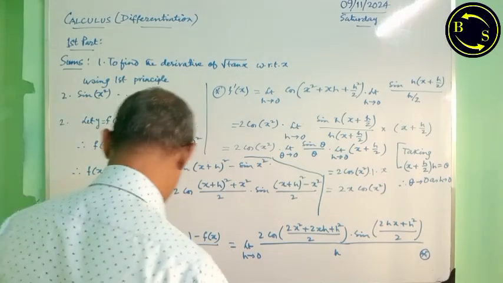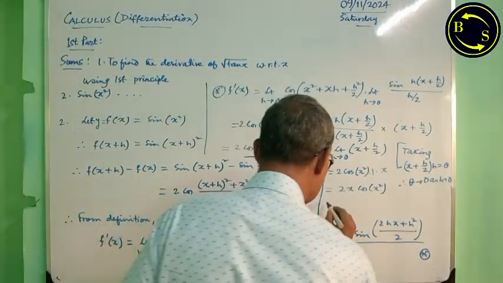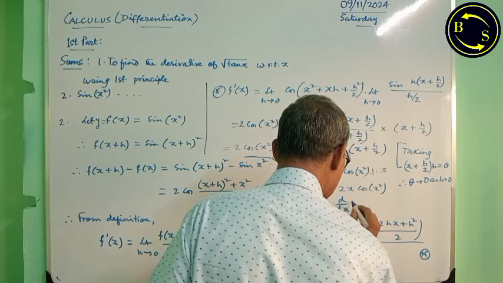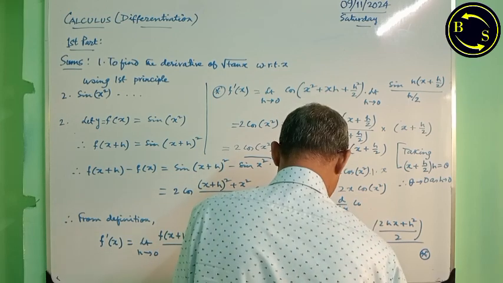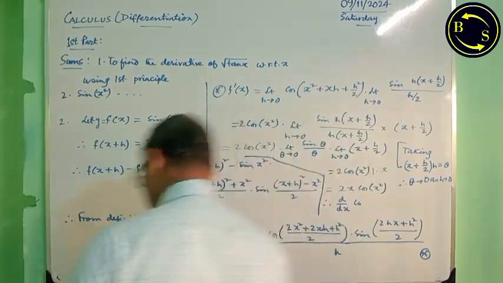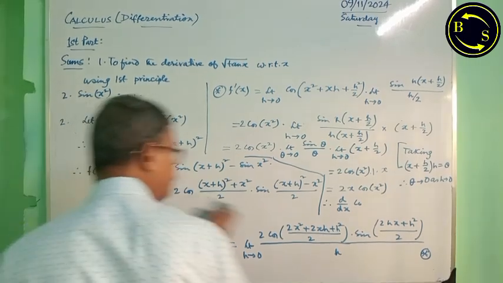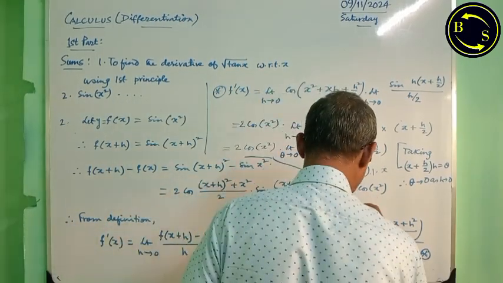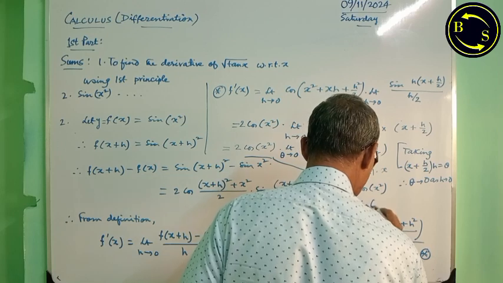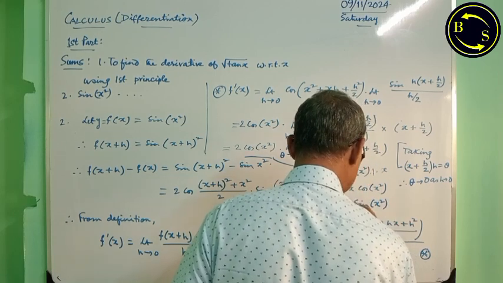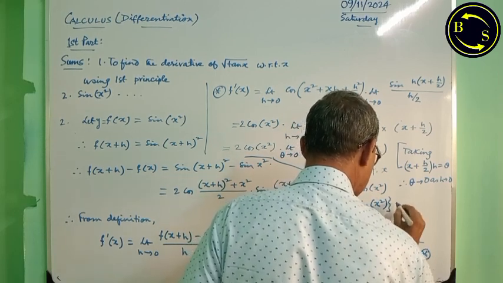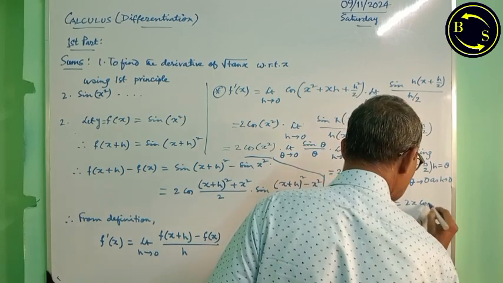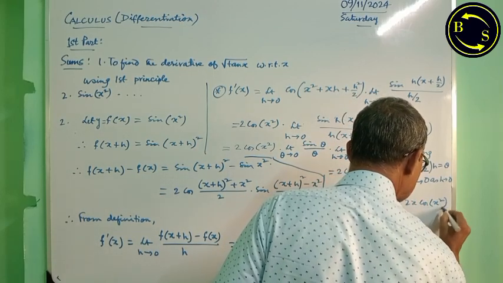Therefore I can write, d by dx of (sine of x square) is equal to 2x cos of x square.